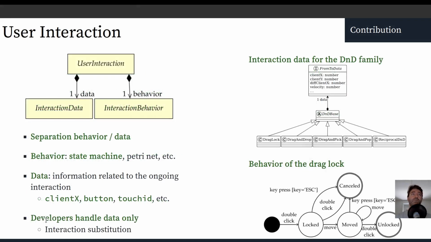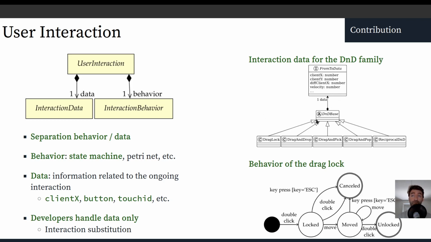In Interacto, the major concept is user interaction. We separate it into two parts: behavior and data. Data refer to information related to the ongoing interaction, and this separation is useful to form families of user interaction.